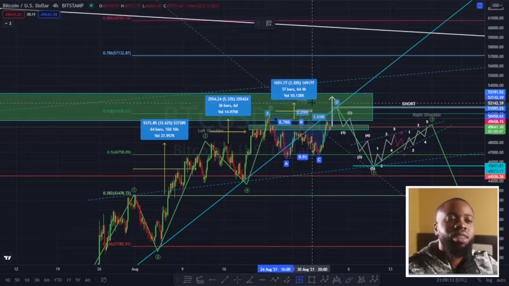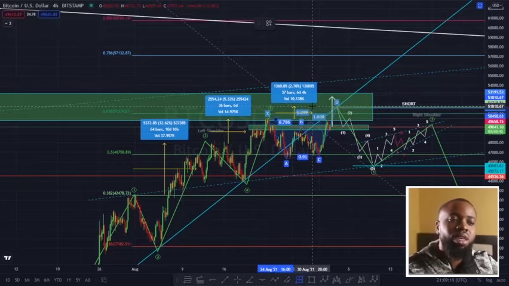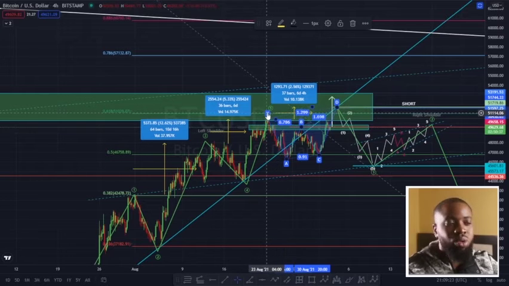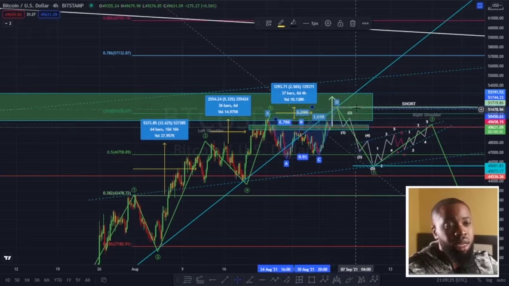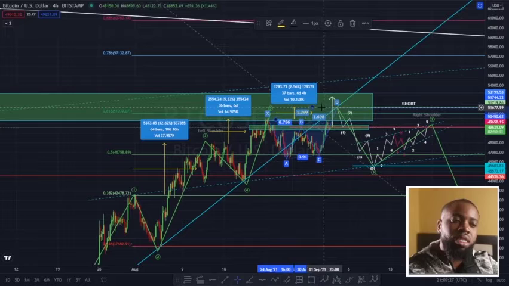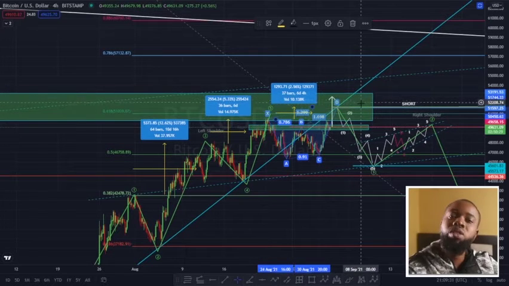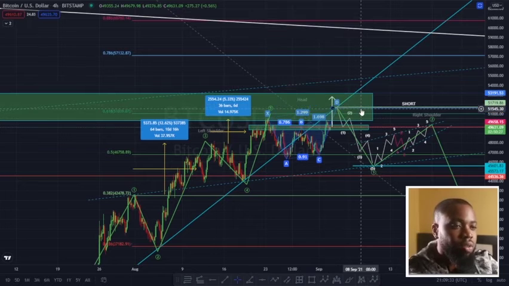And now this 1.272 makes the return around 2% from the previous high. So it makes more sense that we should be rejecting before getting to the top of this box. All right, so that's what I'm looking out for.